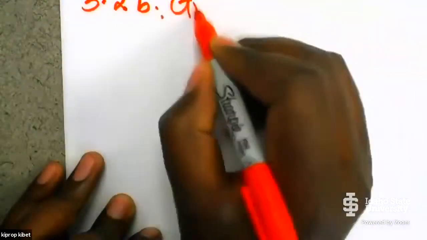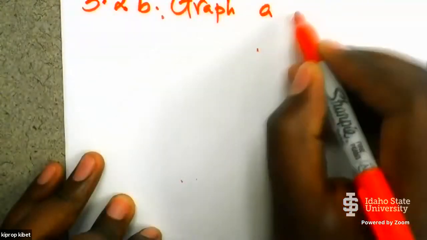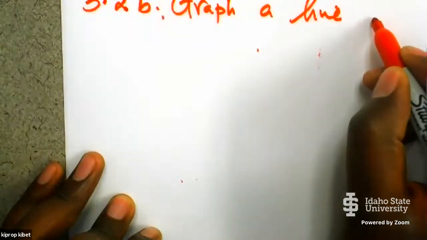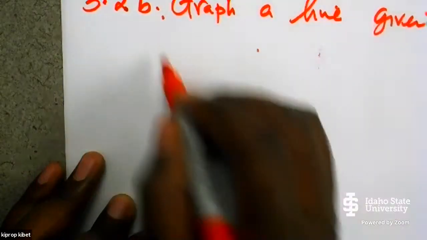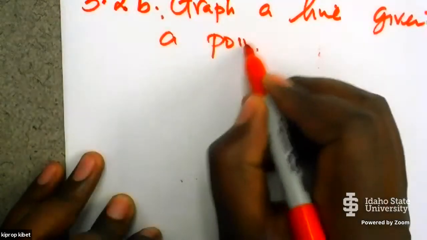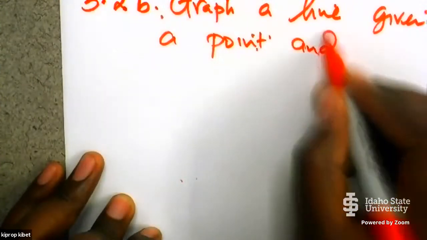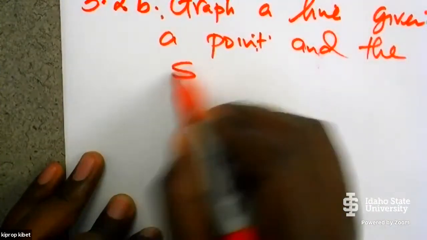So this is graph a line given a point and the slope.